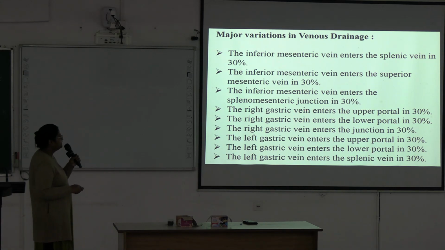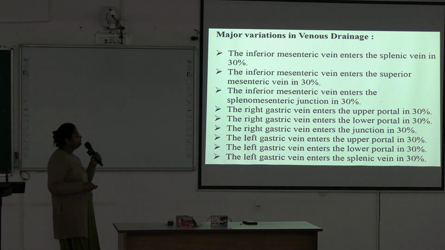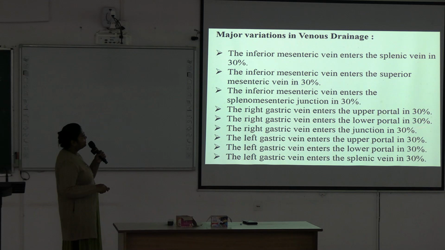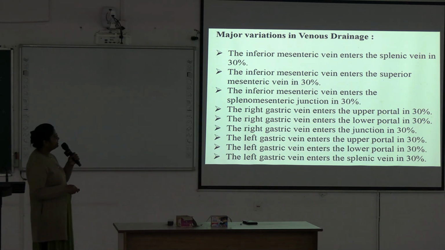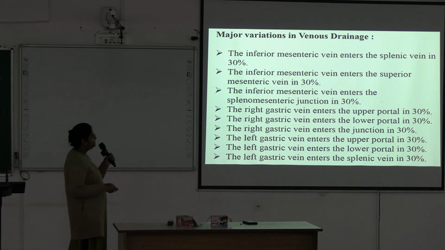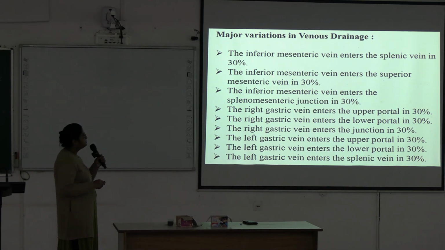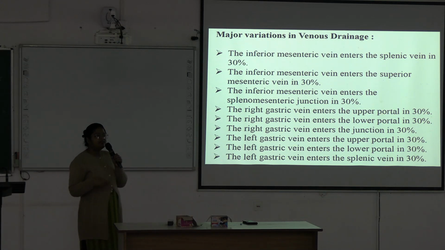And right gastric vein enters the upper portal vein in 30%, the lower portal in 30%, at the junction between upper and lower portal in 30%, and left gastric vein enters the upper portal in 30%, the lower portal in 30%, and enters the splenic vein in 30% of cases. So there are major variations in venous drainage.